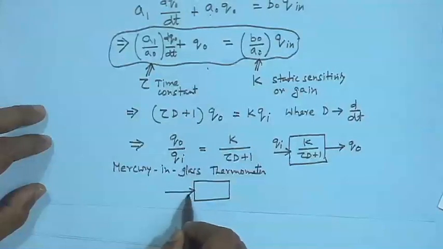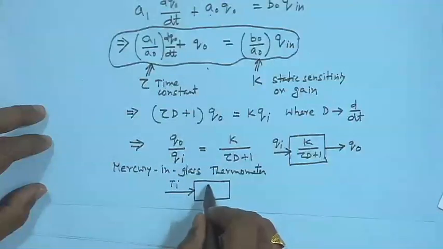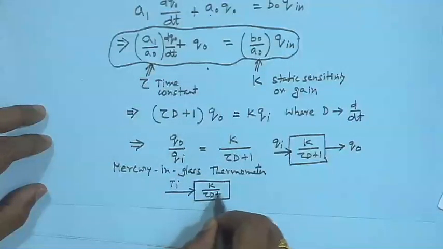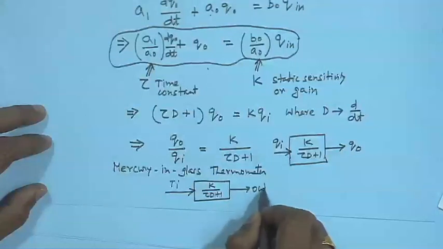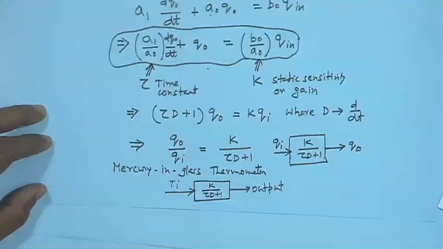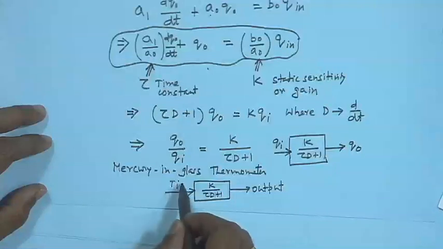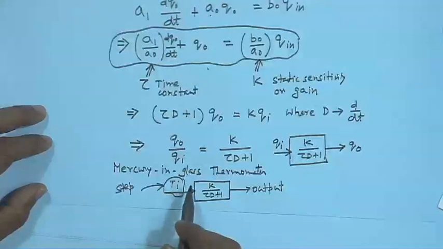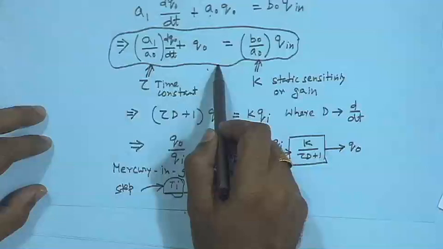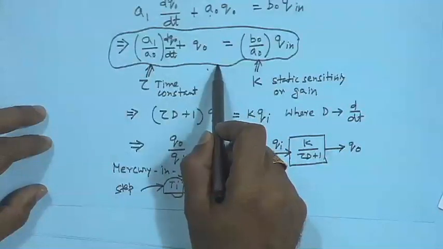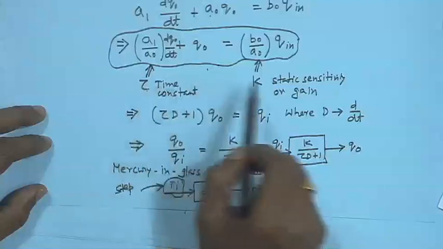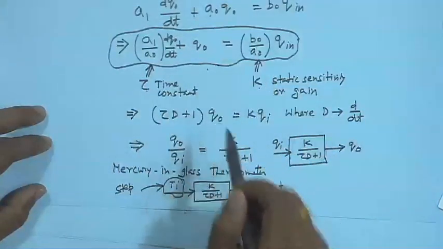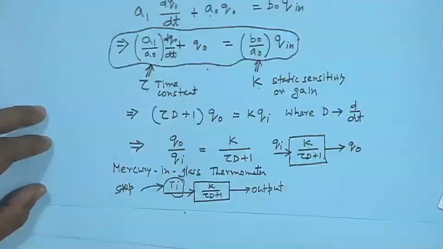All I need to do is solve this. So, given the step input of magnitude 10, I now have the transfer function, or I have now the ordinary differential equations that describes the mercury glass thermometer, provided this tau and k, which are combination of system parameters, are known.